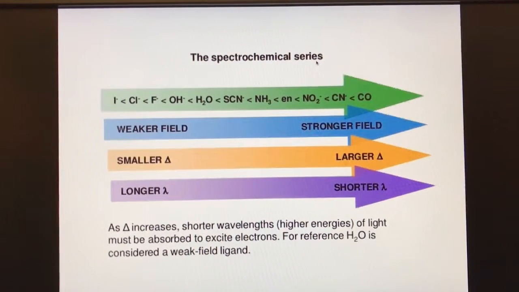And so thinking about this, thinking about your inorganic chemistry and where different ligands appear, how those affect the field, whether it's a weak field ligand, strong field ligand, how that affects delta, the magnitude of delta, and then how that will affect the wavelength of light that is absorbed in your UV-Vis spectrum. And taking a step further, how that would affect your magnetic susceptibility results.